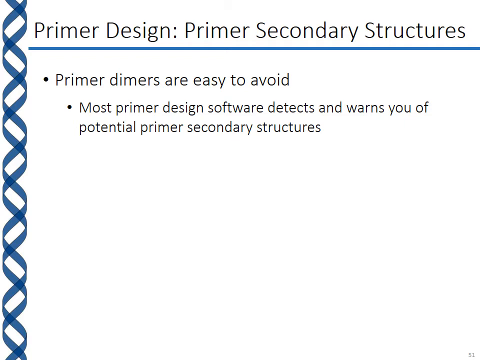So they'll look for hairpins, they'll look for self-dimers, they'll look for cross-dimers, and let you know if there's a potential problem, and usually suggest some alternatives also that may be less thermodynamically likely to form such structures.